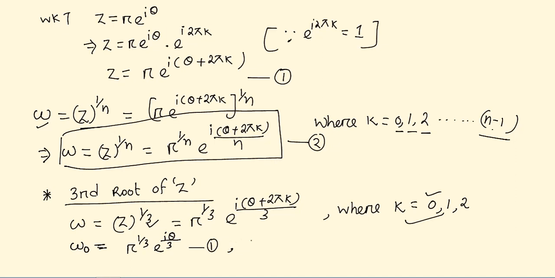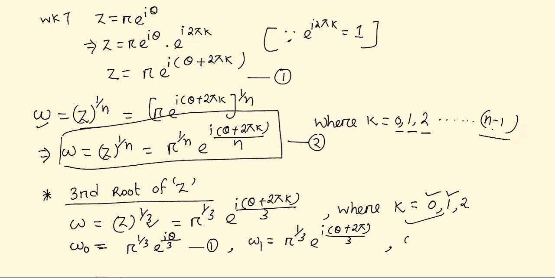Now the second root can be found by using the value of k equal to 1. So omega 1 is given by r to the power 1 by 3 e to the power i theta plus 2 pi upon 3.